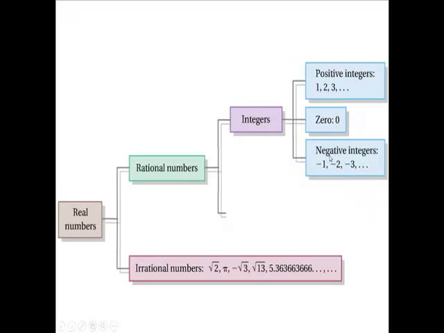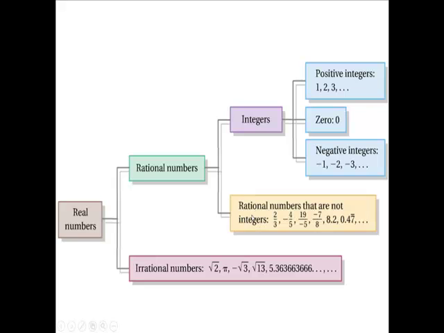And then we throw in all of the fractions, the numbers that are not integers but they are fractions. Those are rational numbers that are not integers. So we throw in the integers and the rational numbers that are not integers all together. We call them rational numbers. Then we have irrational numbers.